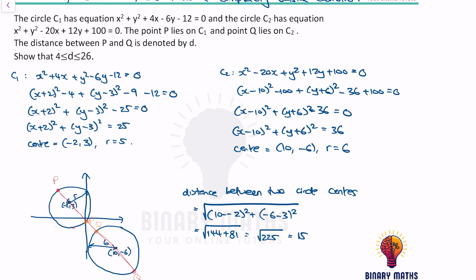So that means the distance between the two circle centers is 15. So from here to here, I've got 15.